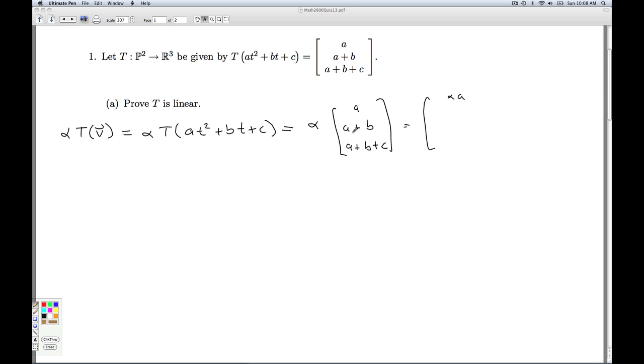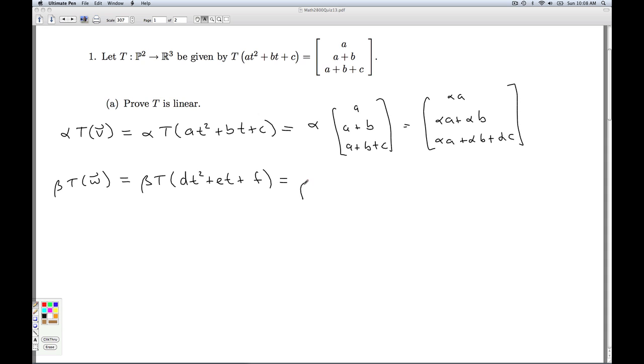I get alpha A, alpha A plus alpha B, and alpha A plus alpha B plus alpha C. Then I take beta T of W, which is beta T of DT squared plus ET plus F. That's beta times D, D plus E, D plus E plus F, and I distribute that through: beta D, beta D plus beta E, beta D plus beta E plus beta F.